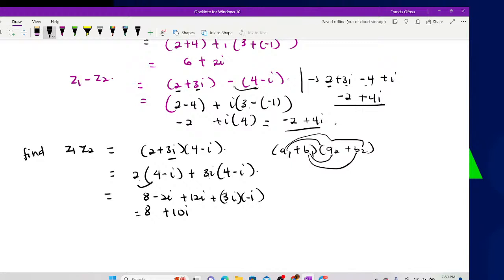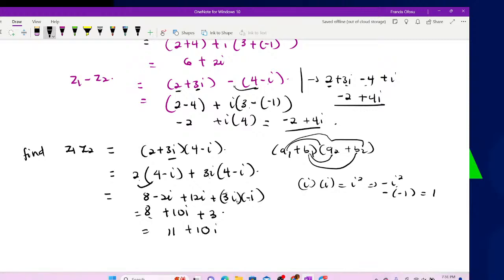If you have i multiplying i, it is i squared, and there's a negative already here, so it's going to give us negative i squared. We all know that i squared is equal to negative 1, so negative i squared gives positive 1. So I'll get 3 for the real part: 8 plus 3 is 11, plus 10i. So the multiplication of complex numbers also follows the same procedure as we do in our normal binomial expansions.